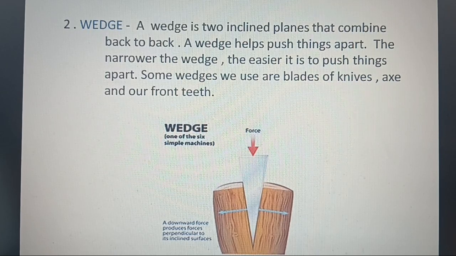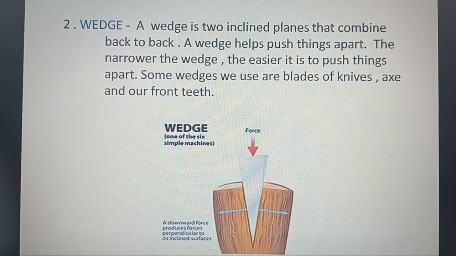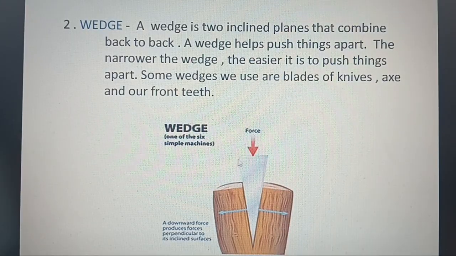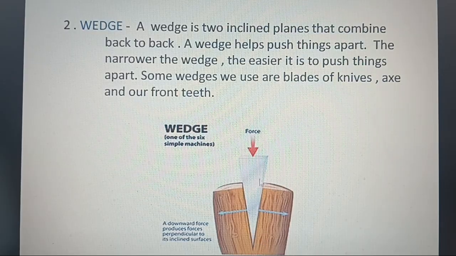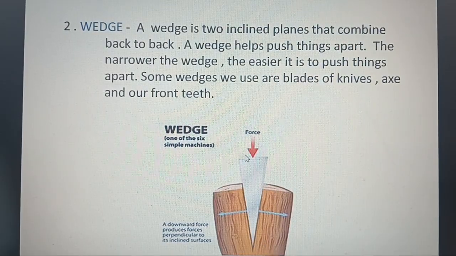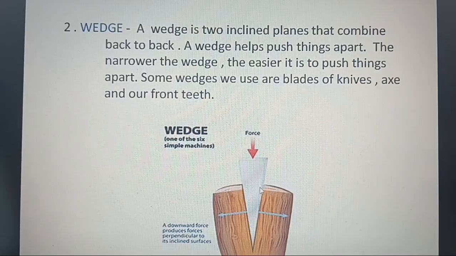As we can see in the picture, a wedge is two inclined planes. How is it? This is the first inclined plane and this is the second inclined plane, and this whole is called a wedge.